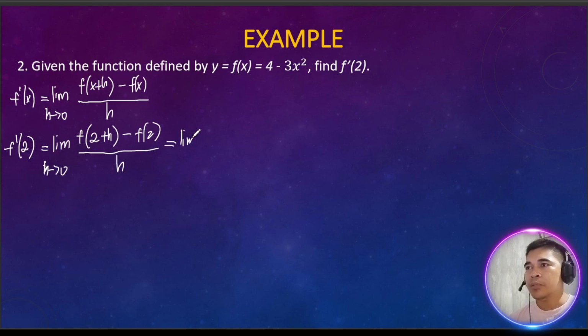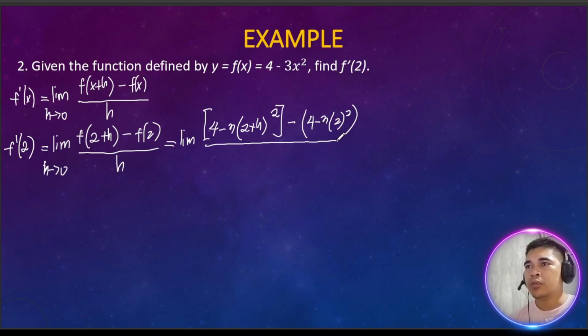So from here, now we can apply this expression. So we got limit. So we have 4 minus 3. Now our x, pulihan na to 2 plus h raised to the power of 2, minus f of 2. We got 4 minus 3 times 2 raised to the power of 2, all over h as h approaches 0.